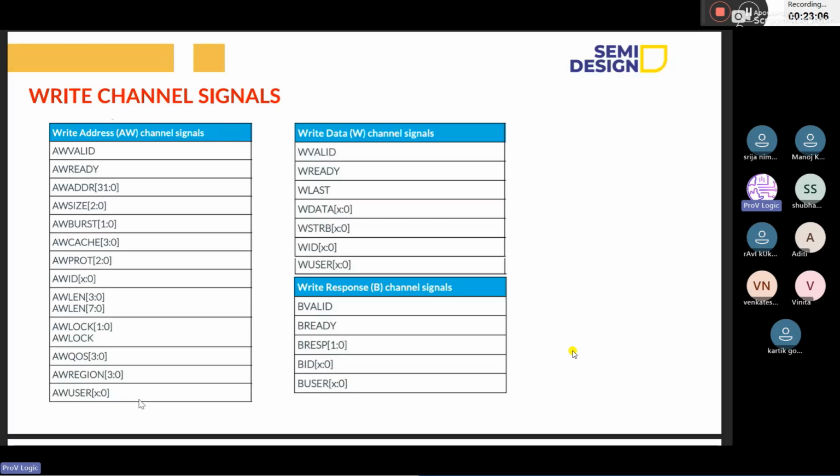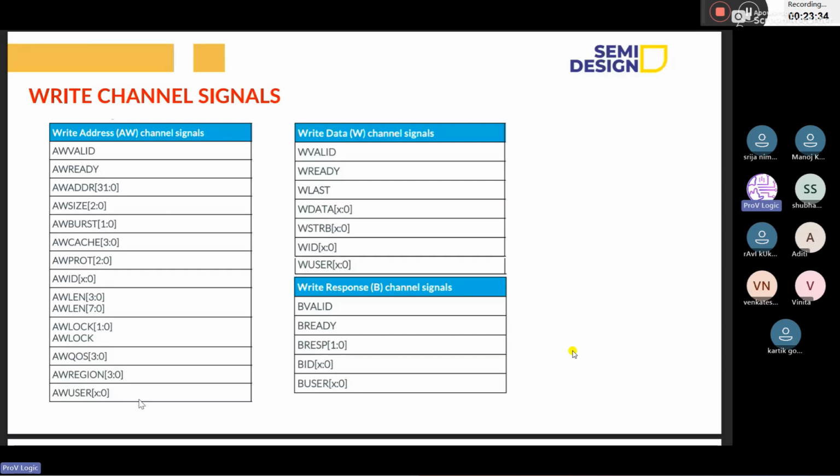To indicate that, it just asserts the valid. Assert means making it high. So that is what the valid signal is. Whenever the valid signal is high, we get to know that our data is correct, and whatever transaction happened is a valid transaction.